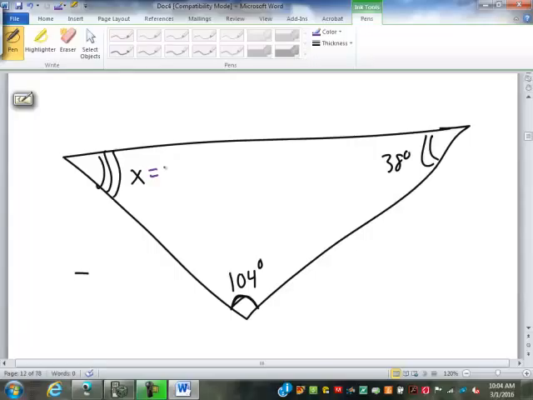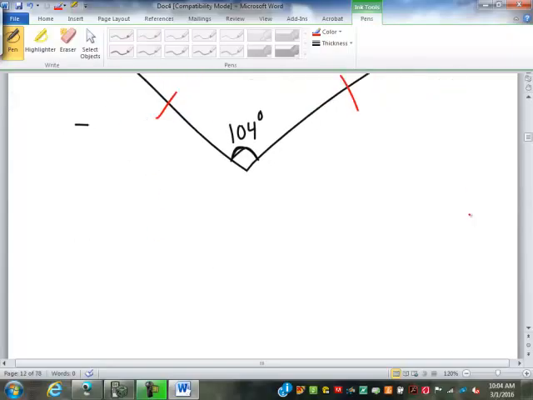What'd you come up with? 38 degrees. Good. What does that tell me about this triangle? Yeah, those two sides are equal. If these two angles are equal, their opposite sides have to be equal. It is an isosceles triangle, even though it doesn't look like it. It must be an isosceles triangle.